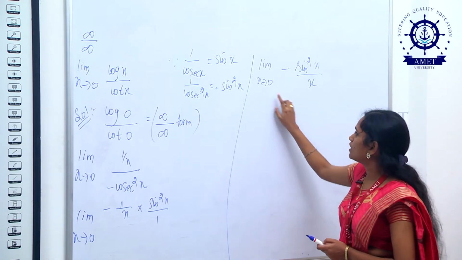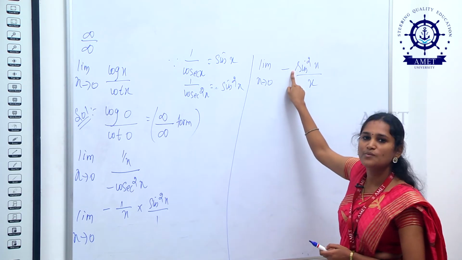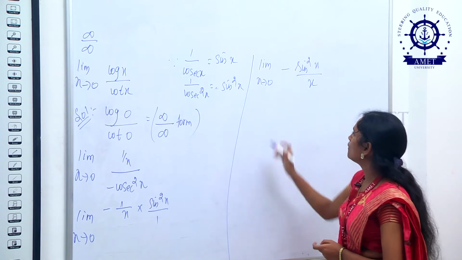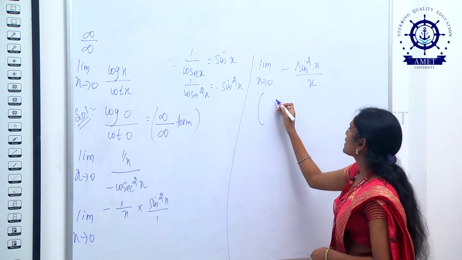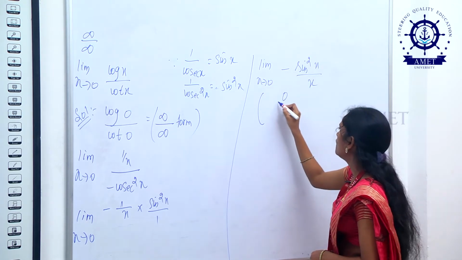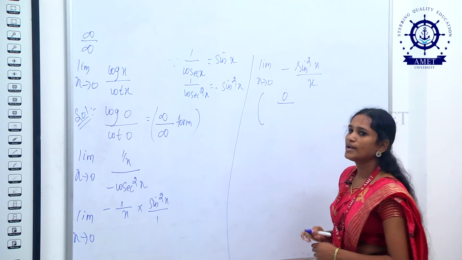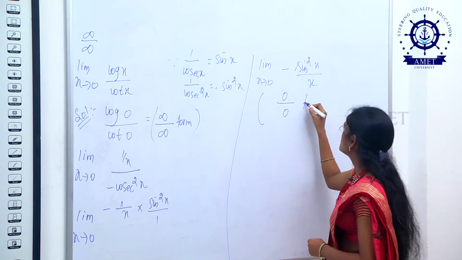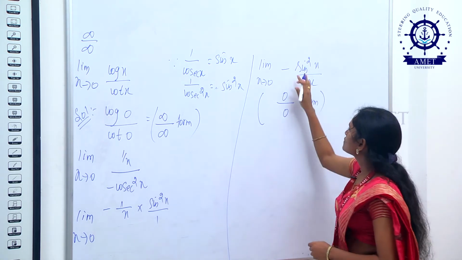Now we substitute the limit value x equals 0. Sin squared 0 is 0, and the denominator is 0, so it has a 0 by 0 form. What do we have to do for 0 by 0 form?